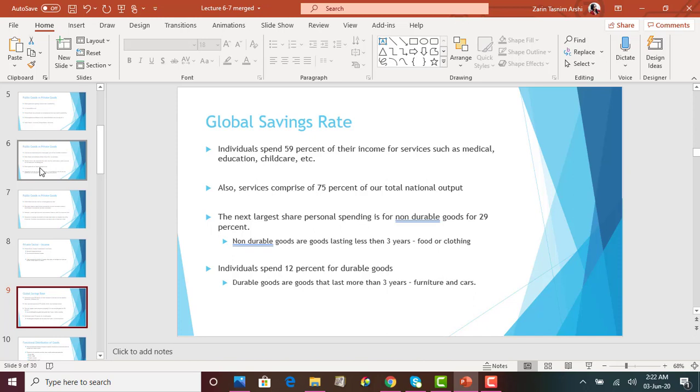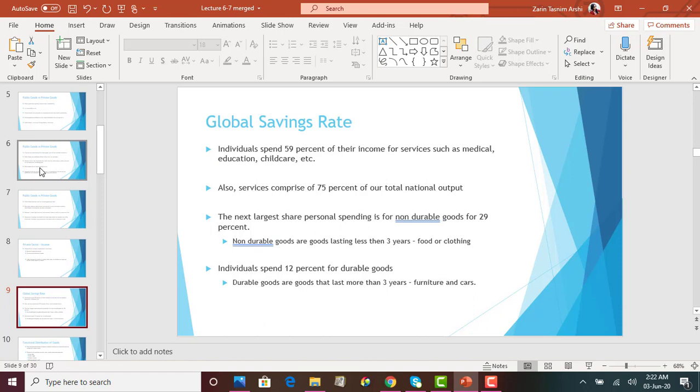Then 29% of their income is spent on non-durable goods. So what are non-durable goods? You need to know the definition. Non-durable goods are any type of goods that last less than 3 years, so these goods have a life expectancy of less than 3 years. An example would be groceries, food items, clothing.